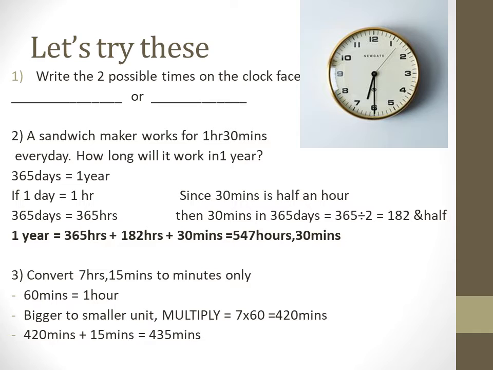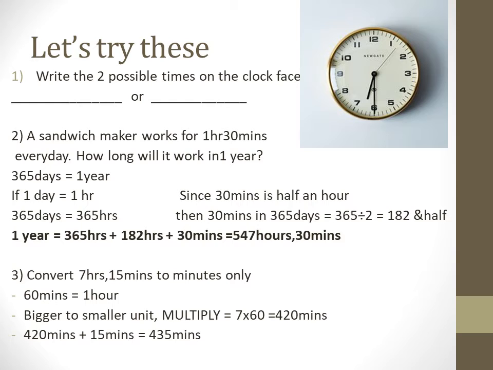So what do we do? Just divide 365 by 2 to know how many hours and the remaining minutes that we have. So let's do that. 30 minutes in 365 days will be 365 hours divided by 2, and we will have 182 hours, and we'll be left with half an hour. That means 182 hours and 30 minutes.